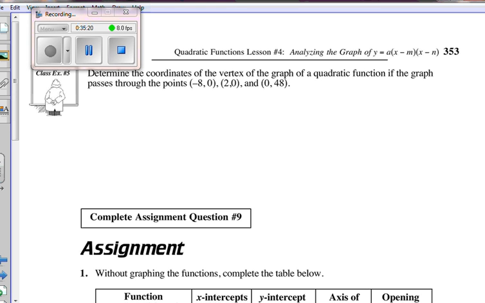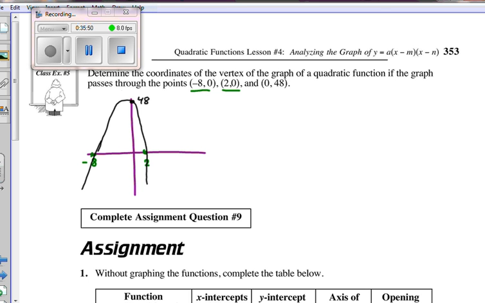Let's really quickly, so if we were to graph this, where are our x-intercepts? Which one of these are x-intercepts? -8 and 2. So 2 and then -8. And the y-intercept is 0 and 48. So way up there. So opening up or down? Has to be down. So it's going up all the way to 48 and down here.